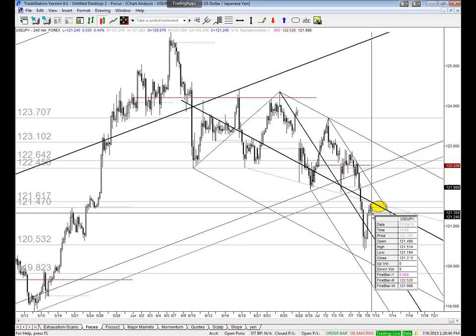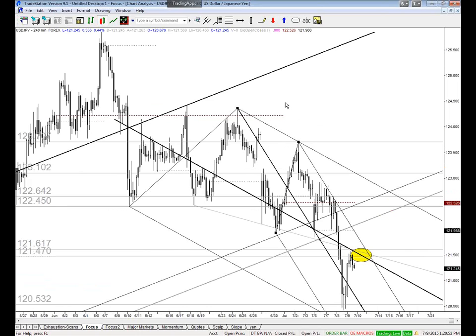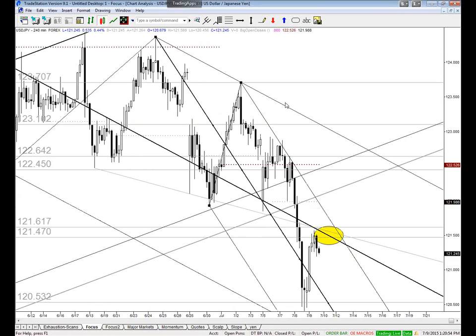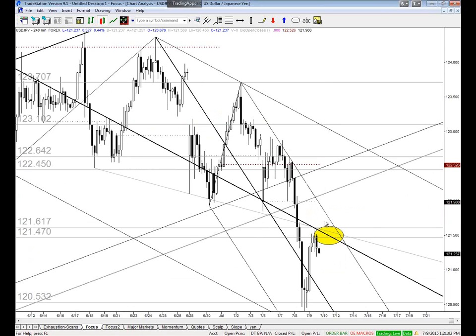If you really don't want to see us back above here, because this is the median line from the structure that we've been working with on the downside, right? 4-hour chart. There is, of course, a shorter term, steeper or bearish structure, if you will, which is slightly higher, and would come in.